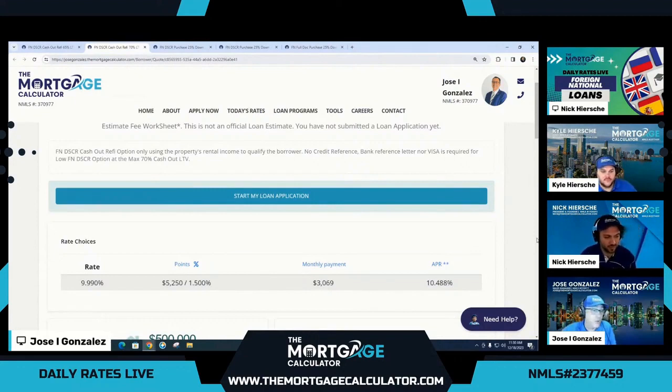This is the only one out there that has 70% LTV also. So two reasons to pick this one. If they want to really max it out 70%, this is it. And if they also want to combine that with the no visa requirement, no credit reference letter required, and no accountant letter required, very streamlined documentation for your foreign national loans, that's the one.